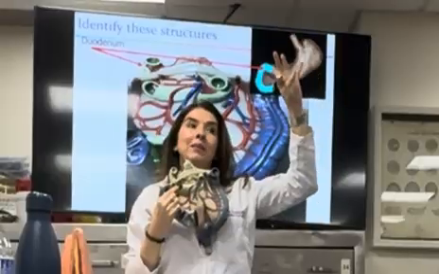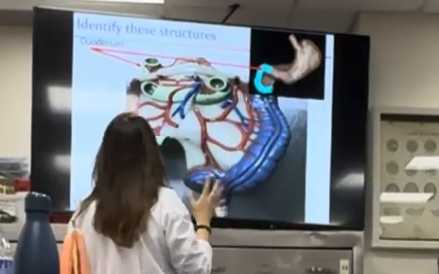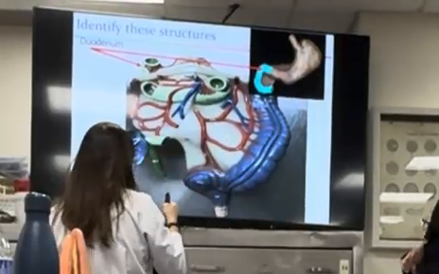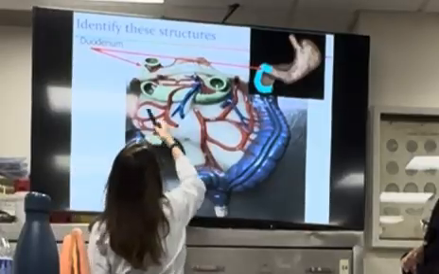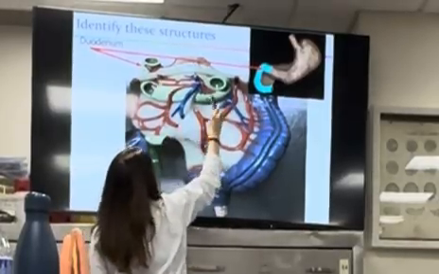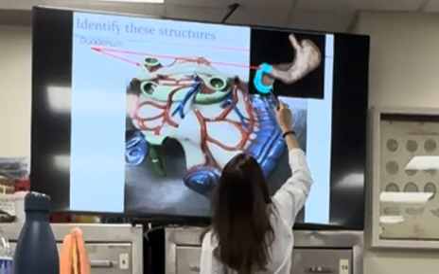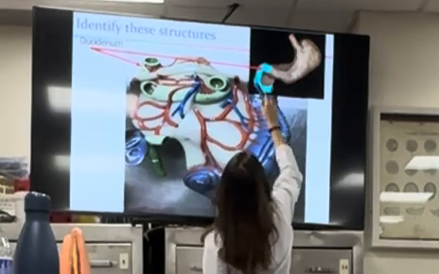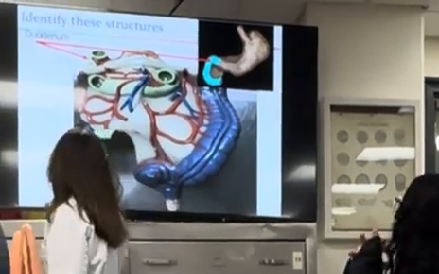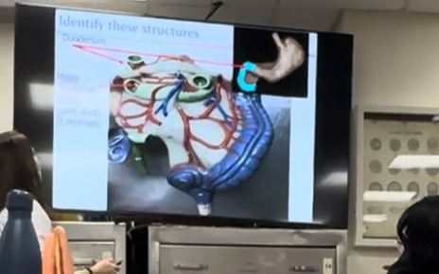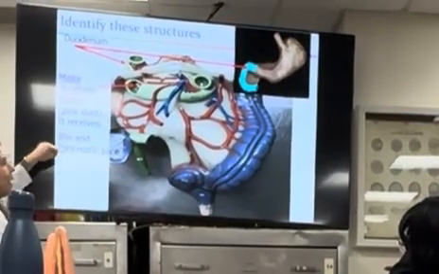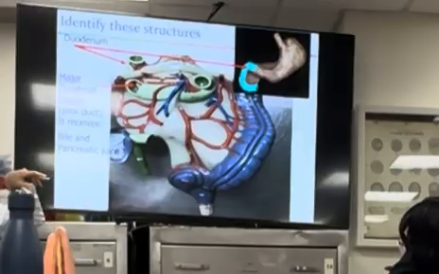Pancreatic juice and bile. Perfect. That's all you need to know here. I can either ask you to identify the duodenum in the model or in this picture, so this C-shaped structure will be the duodenum. Major duodenal papilla, as we said, receives bile and pancreatic juice.